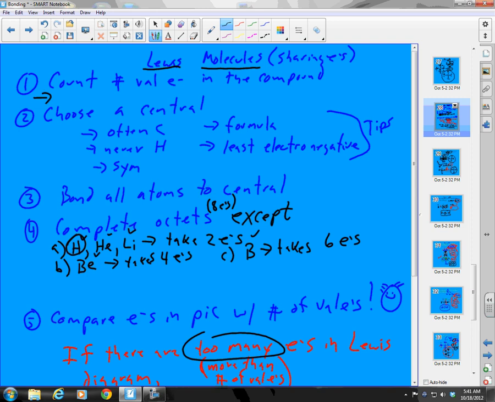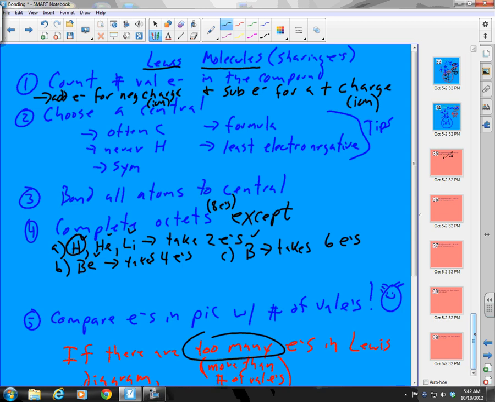And what we're going to do is add electrons for a negative charge and subtract electrons for a positive charge. So if we have a negative ion, we're going to add electrons. If we have a positive ion, we're going to subtract electrons. Okay, good.